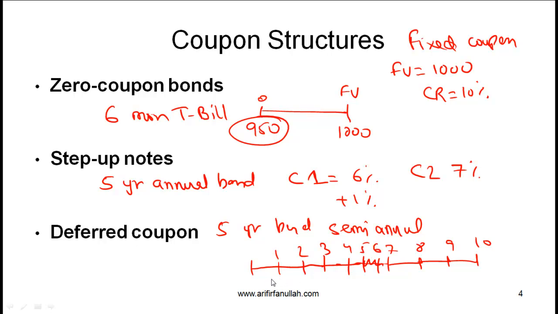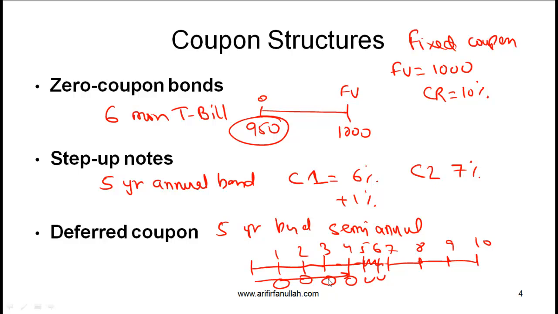So essentially we are saying that in the first 4 periods, so from here till here, no coupon payments are made. However, the coupon amounts that should have been made at this time are deferred, and coupon payments are then made from period 5 onwards. But clearly the interest on these coupon payments will accrue.